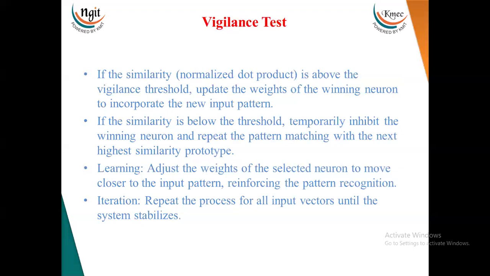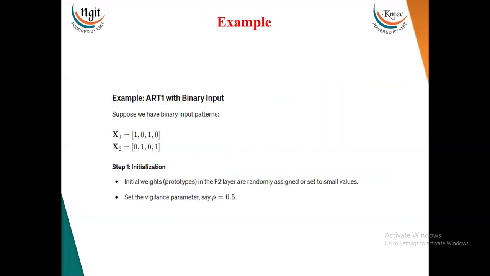If it is above the threshold, you have to incorporate the new input pattern. If it is below, you have to repeat until you get a similar prototype. Learning: adjust the weights of the selected neuron to move closer to the input pattern. And this process repeats until the whole system is stabilized.